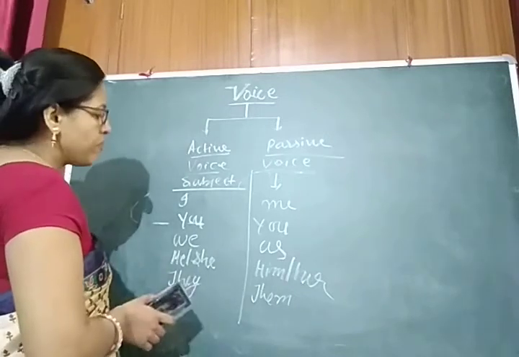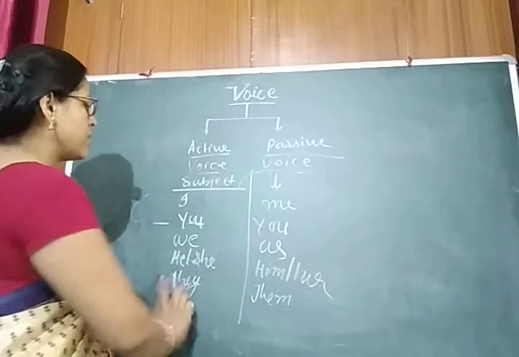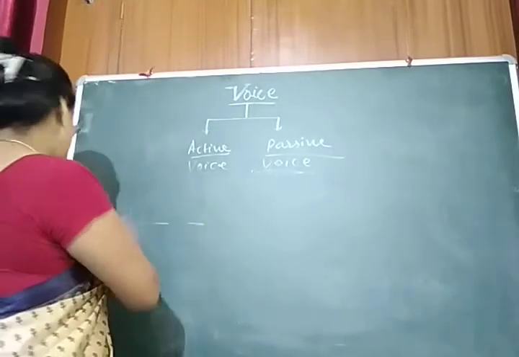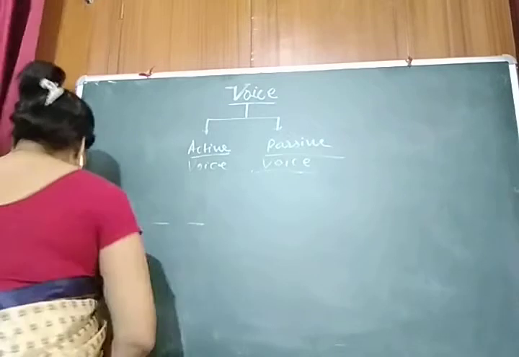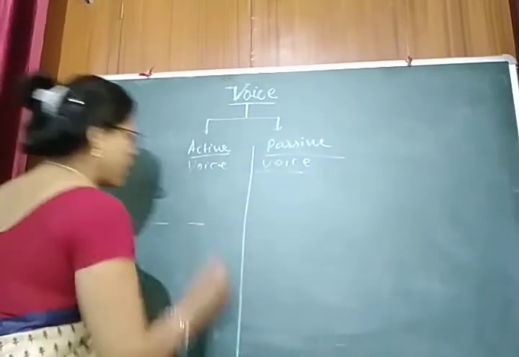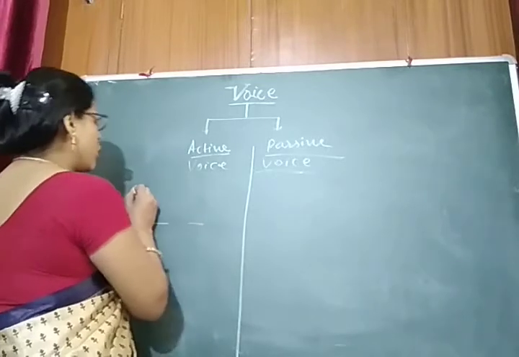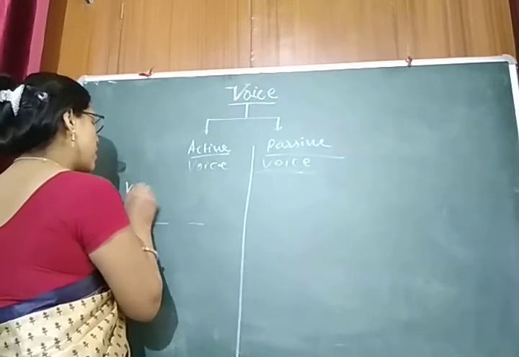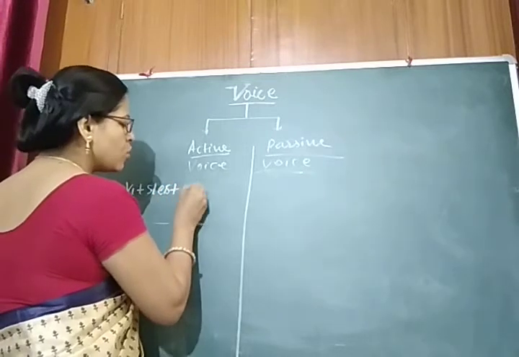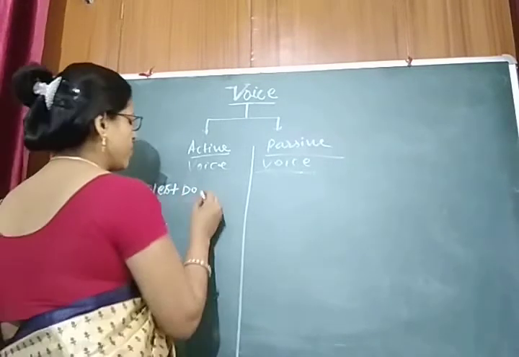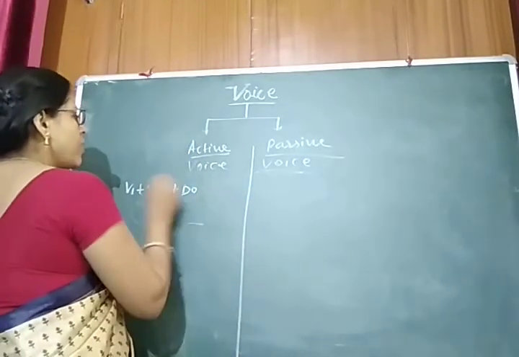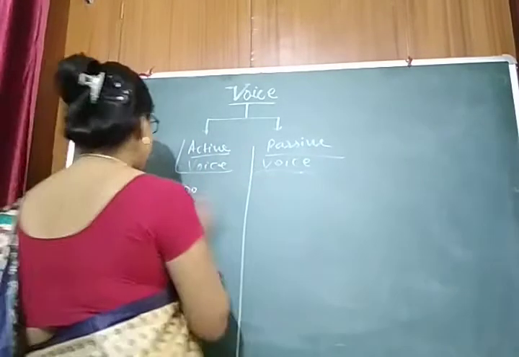Now I am going to give you another table. Another table further you will make like this. You will make a structure like this, and here you will write V1 plus s/es, plus do, does. Then here you will write active voice and here passive voice.